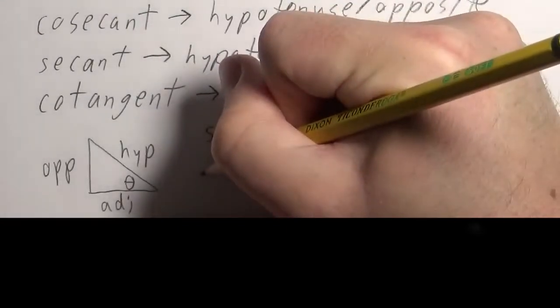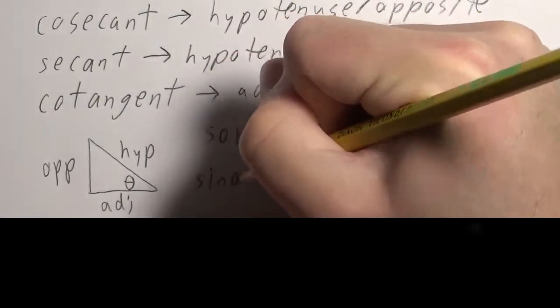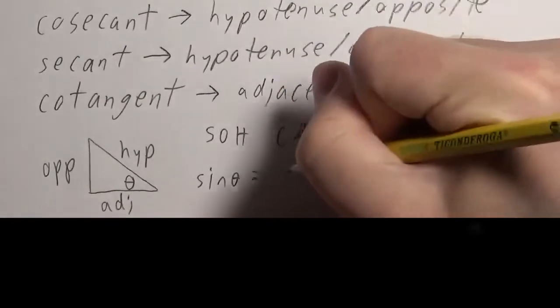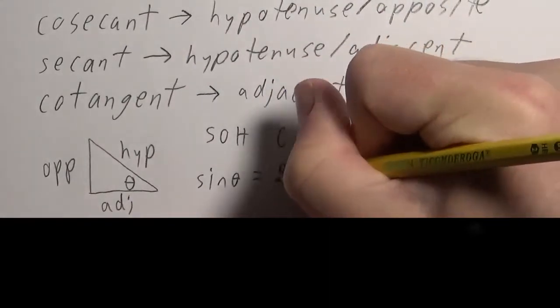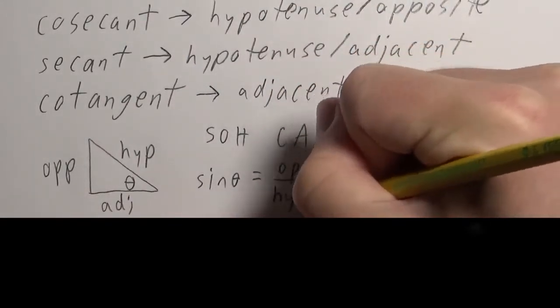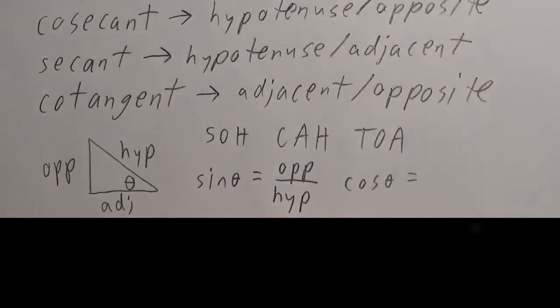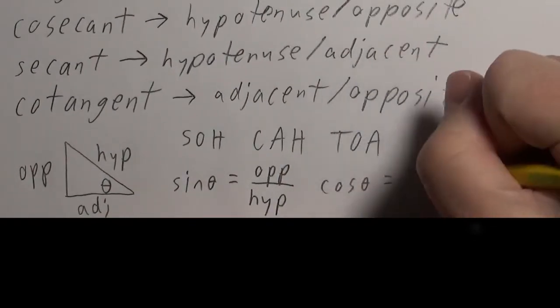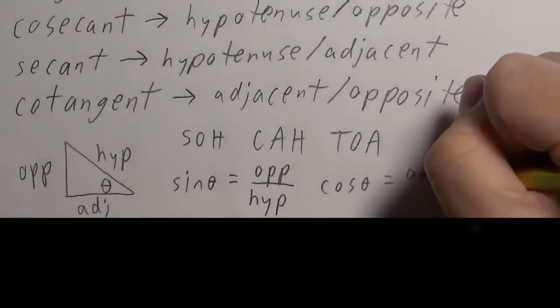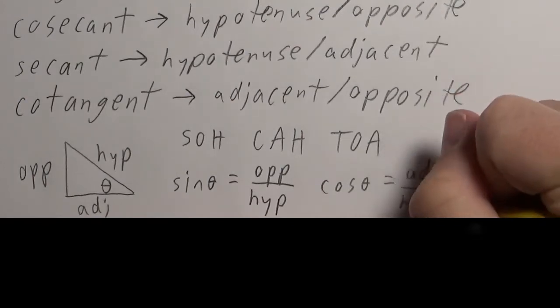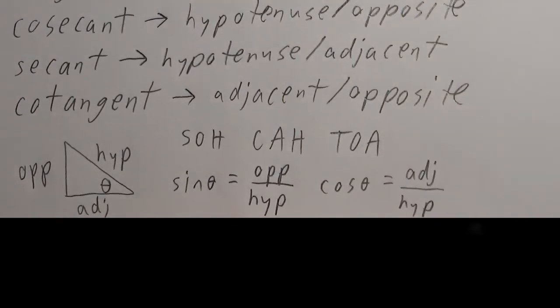So we can say that sine theta is the opposite side over the hypotenuse side. Cosine theta is the adjacent side over the hypotenuse.